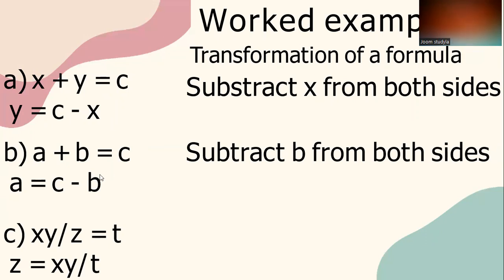Same thing goes here. a + b = c. When you subtract b from both sides, you can see the result is a = c - b. And finally, xy divided by z equals t. When you leave z here, it becomes xy divided by t.